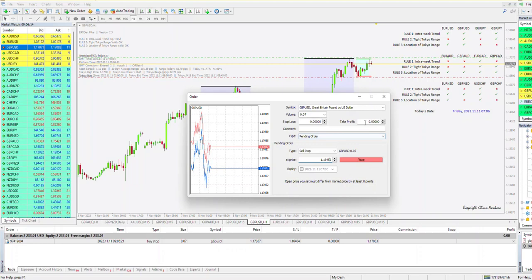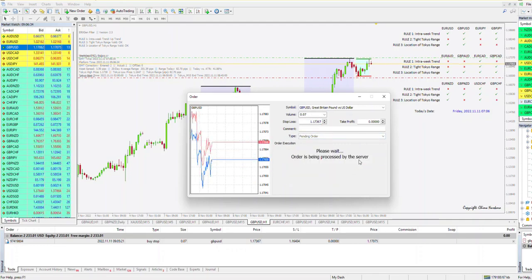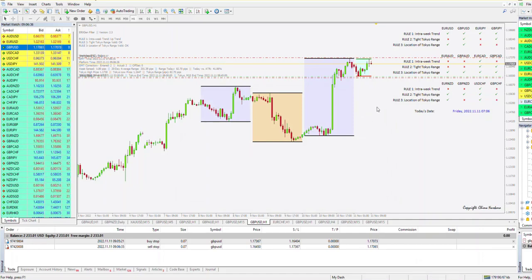Okay, 1.1645. Then my stop loss, I'll put the stop loss at the place I'm entering on this one, so 1.17367. Okay, place. Boom. So it's ready now for GBP USD.